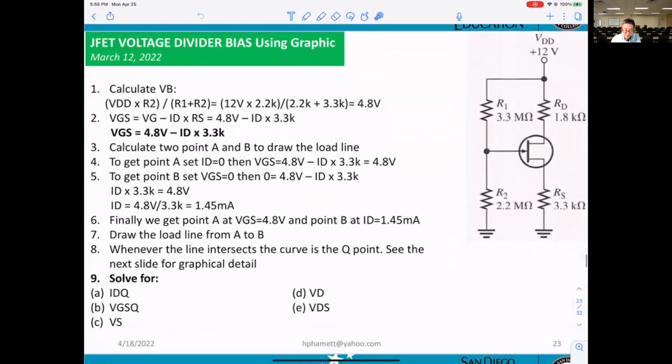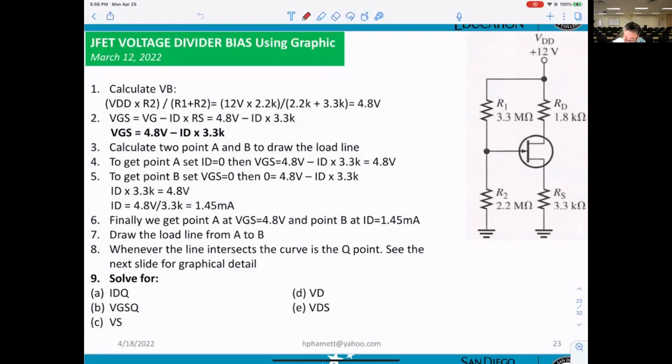And now we're talking about voltage divider bias. For this voltage divider bias, first thing, it's easy to calculate the VG.